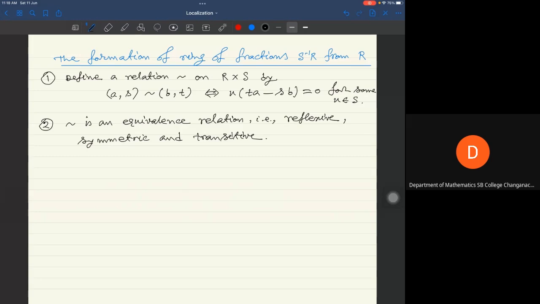So then we have defined a relation on this set, and it is an equivalence relation. So we can consider the equivalence class of every ordered pair.